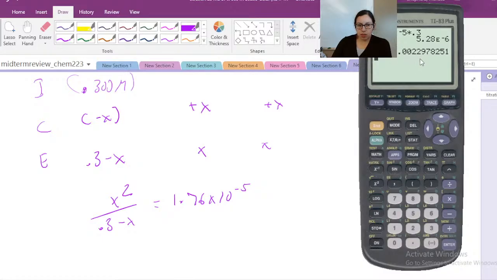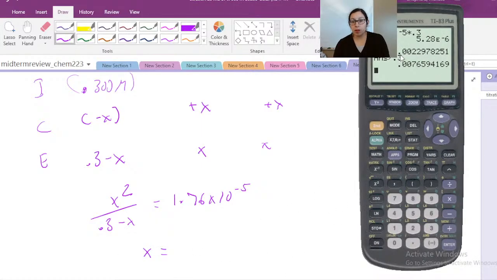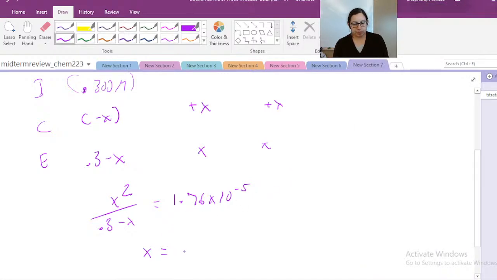I get this for our x. I'm just checking. Okay, so the 5% assumption is still good. So x equals 0.002297.